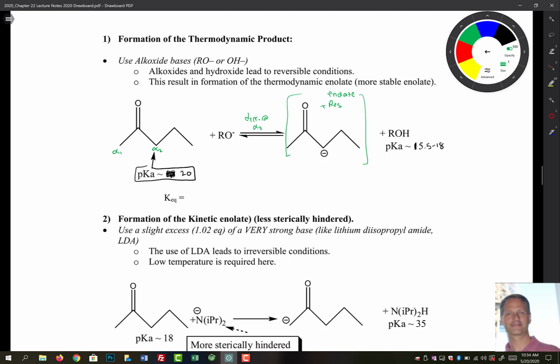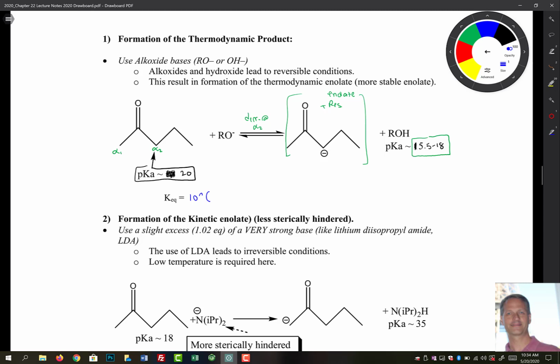Now alcohols have pKa's ranging from about 15.5 or 7 up to about 18. So you go from water up to a tert-butyl alcohol. So then the Keq for this reaction is going to be equal to 10 raised to the difference of those pKa's.